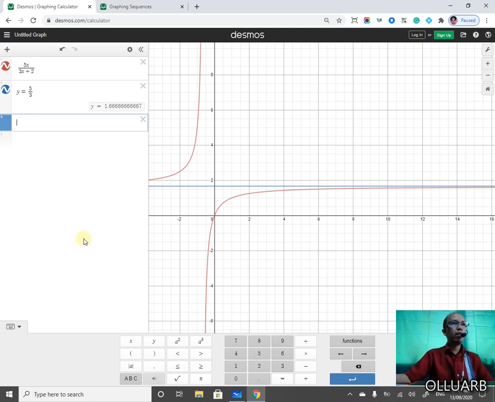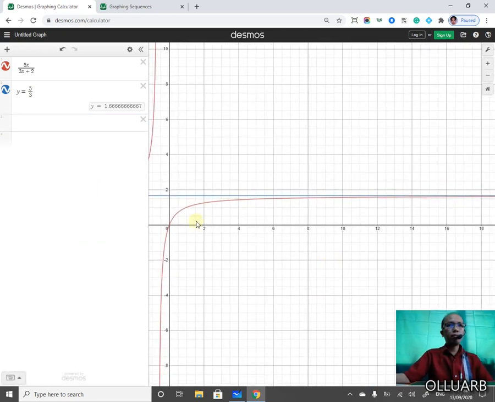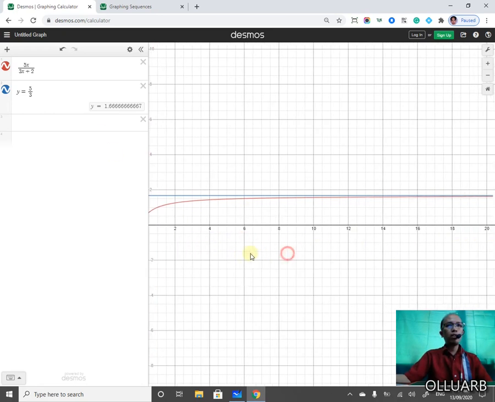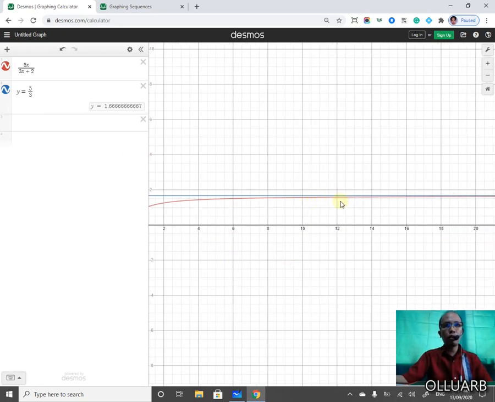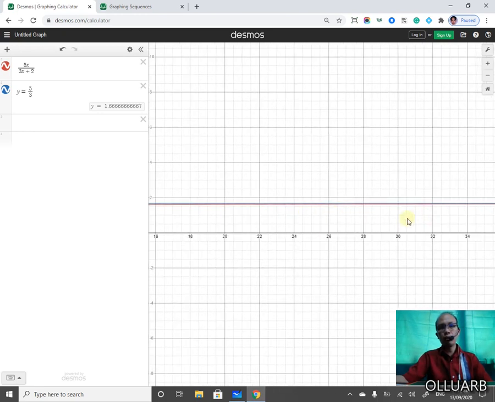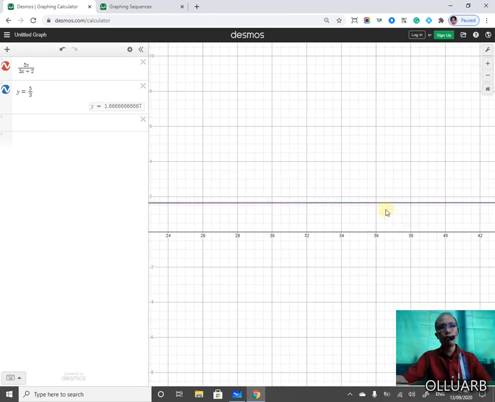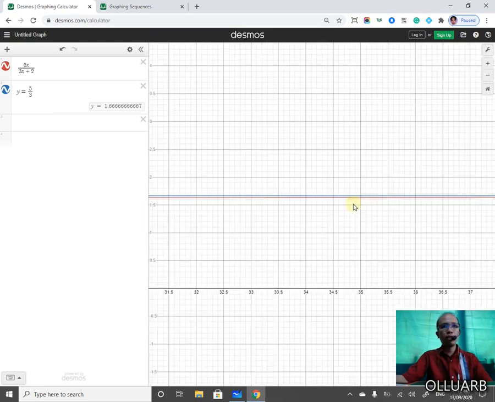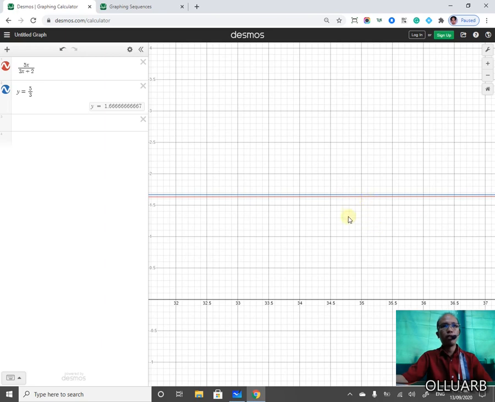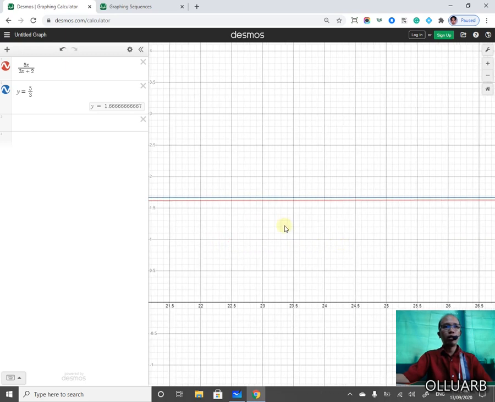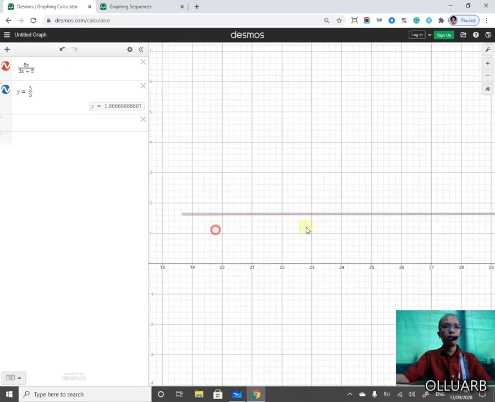Let's hit enter, and as you notice here in the graph, as n approaches infinity, the graph never touches the line y is equal to 5 over 3. Even if you extend it, or expand it, as you can see, it never touches the line y is equal to 5 over 3. So that is the reason the limit is 5 over 3.